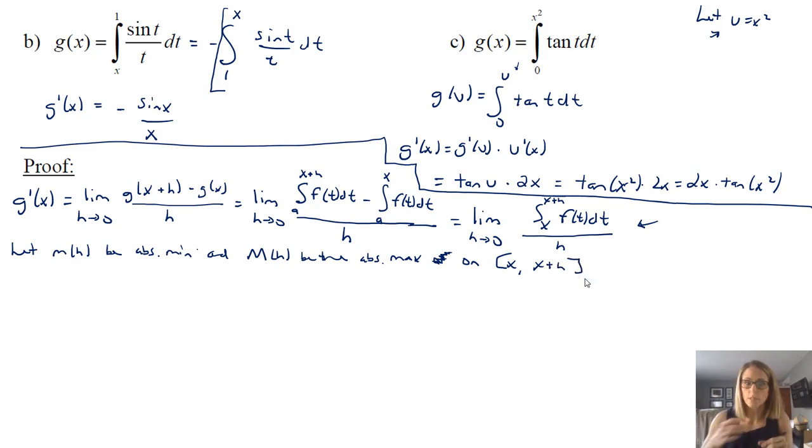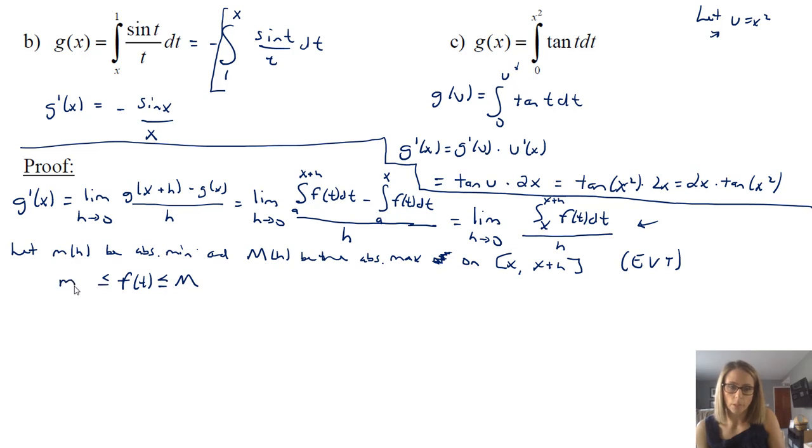These are just numbers, whatever the absolute maximum and absolute minimum are. The extreme value theorem tells us that those exist. So what we're saying is that this function is less than or equal to big M, and greater than or equal to little m.